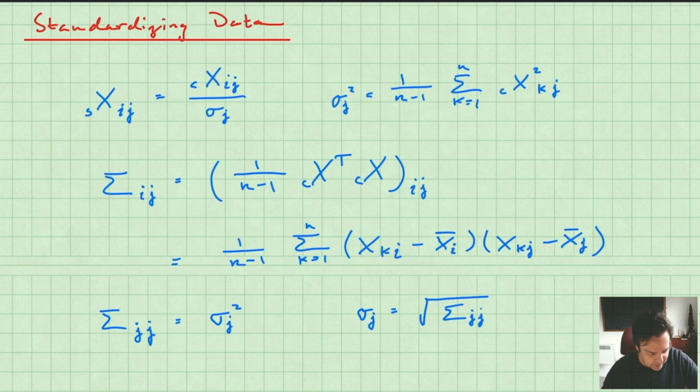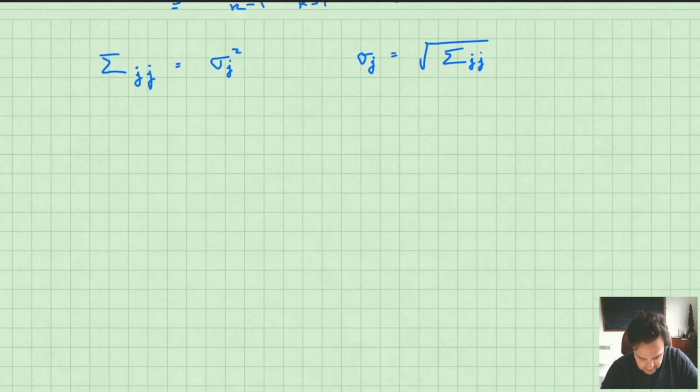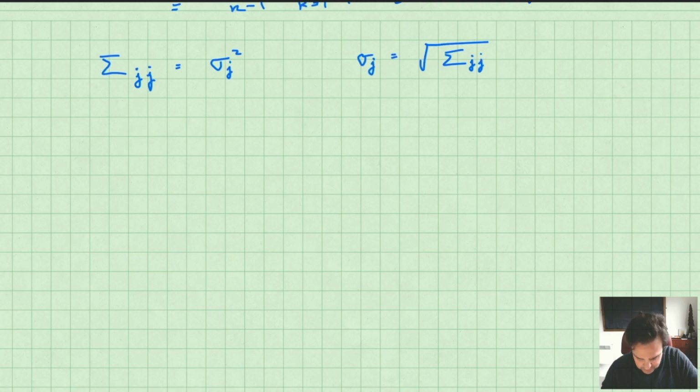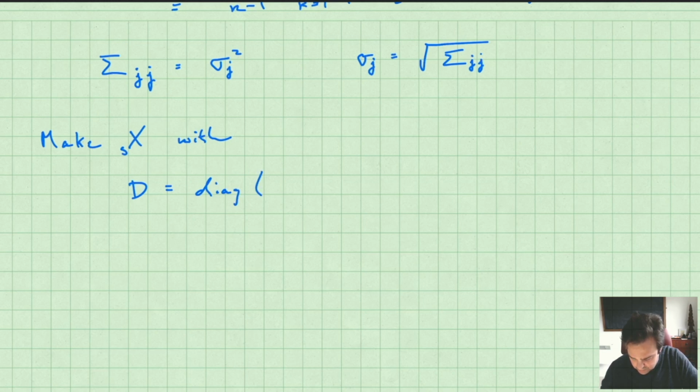All right, and so we're going to use that to make the standardized data, X sub S, with the following: a matrix called D, which is diagonal, and it's 1 over sigma 1 up to 1 over sigma p.